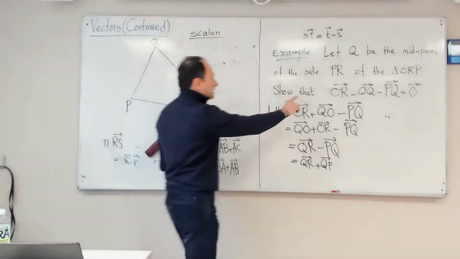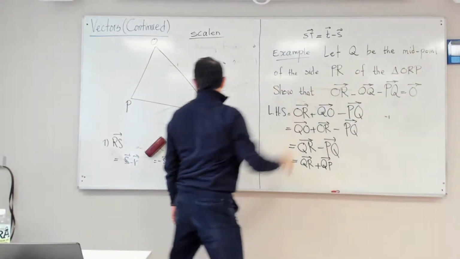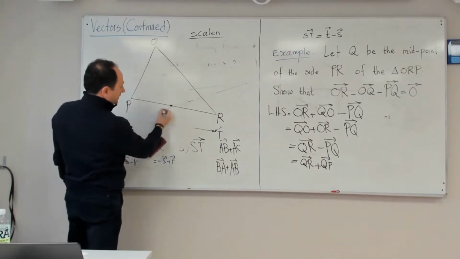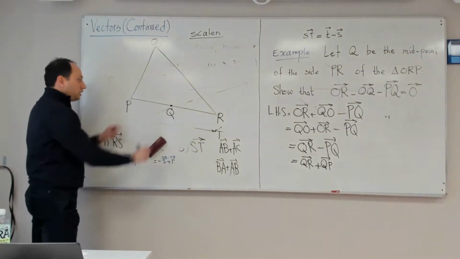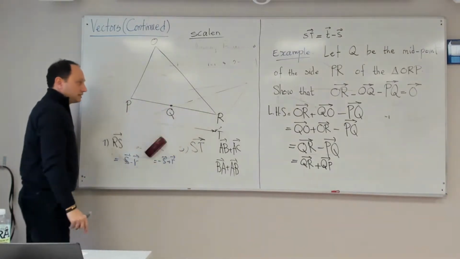So where is Q? Q is the midpoint of the side PR. So Q is somewhere exactly here, of course, when I say somewhere because I cannot see it exactly. So this is Q. I know that Q is exactly in the middle of this side.